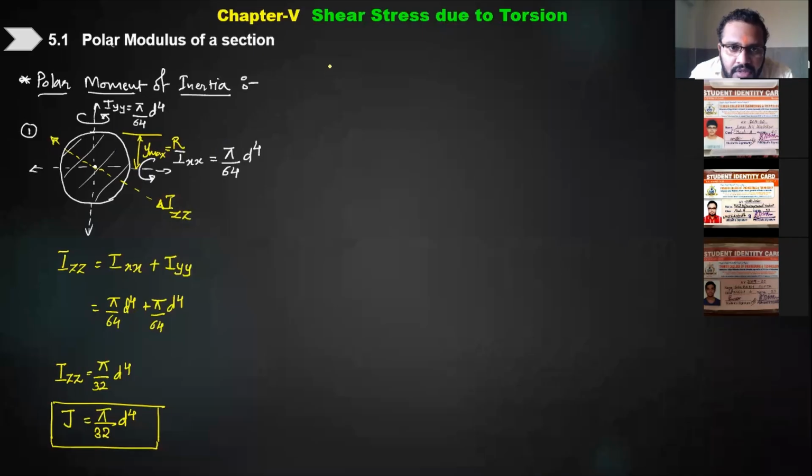So if I take the polar moment of inertia upon this R, that is y maximum, it will be called the polar modulus of a section.